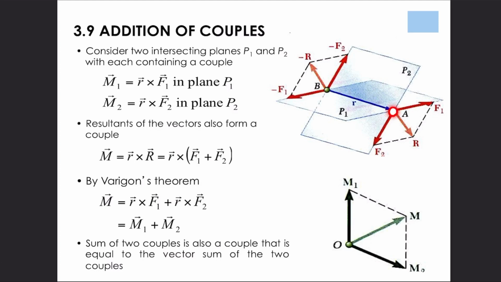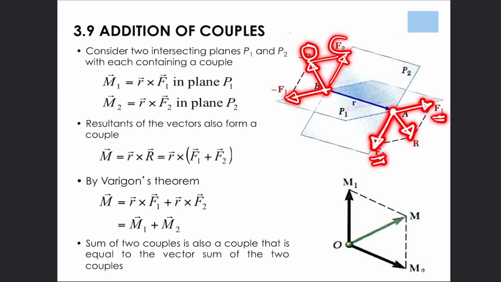at this point, natay vector F1 and vector F2. Kani siya is the resultant kung i-add mo ang F1 ug F2. Diri pod, resultant ni siya kung i-add mo ang negative F1 ug negative F2.